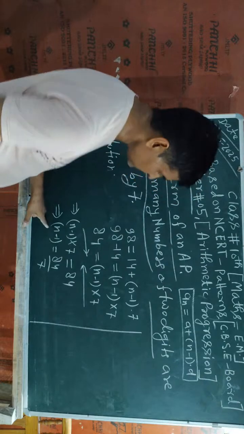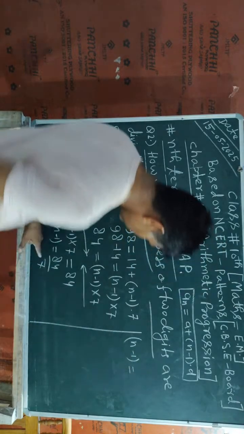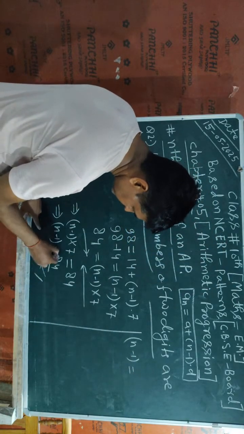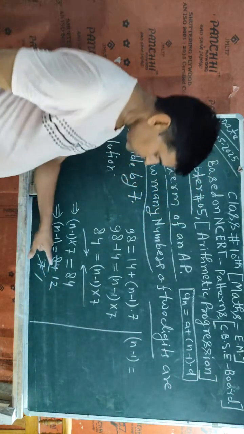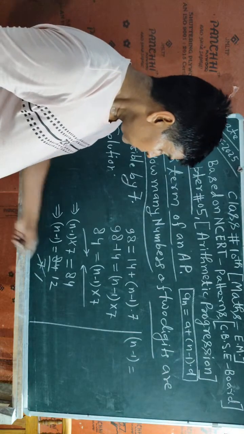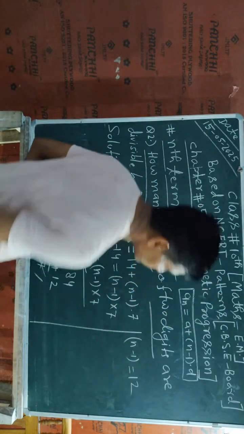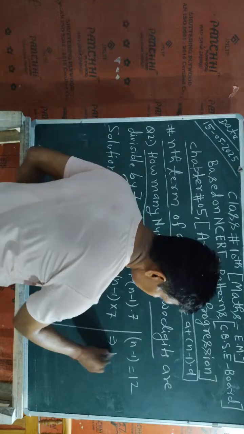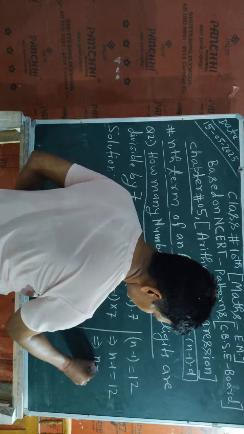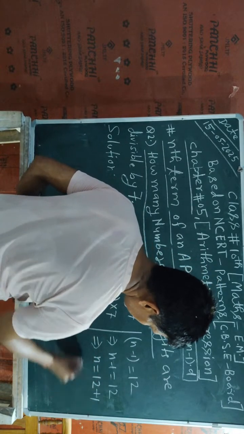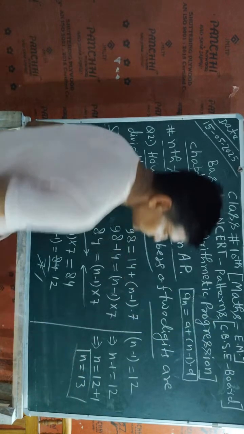Here n minus 1 is equal to 84 divided by 7, which is 12. So now further I write n minus 1 is equal to 12. Therefore n is equal to 12 plus 1, n is equal to 13. Okay student, so the number of terms will be 13.